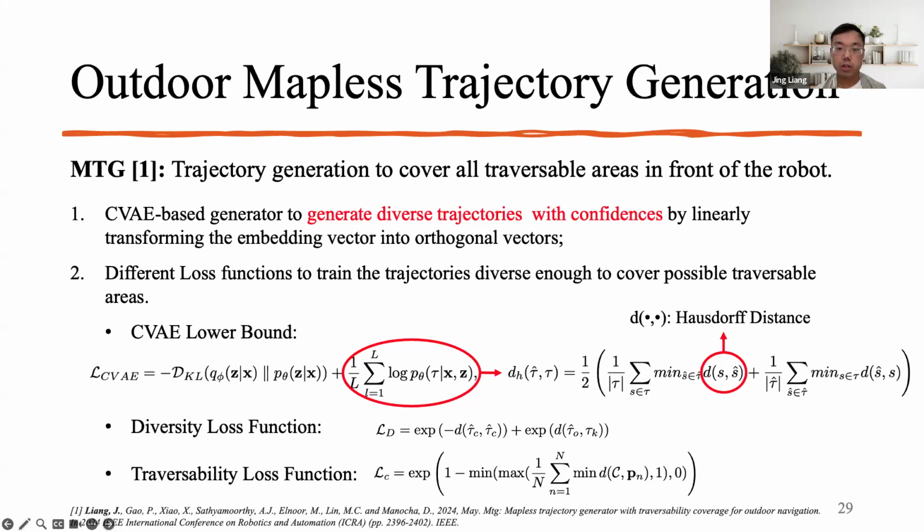And here we also use Hausdorff distance to measure the distance among all those regular trajectories. And the third loss function is the traversability loss function. We apply this loss function to all the trajectories and prevent them from lying on non-traversable areas.